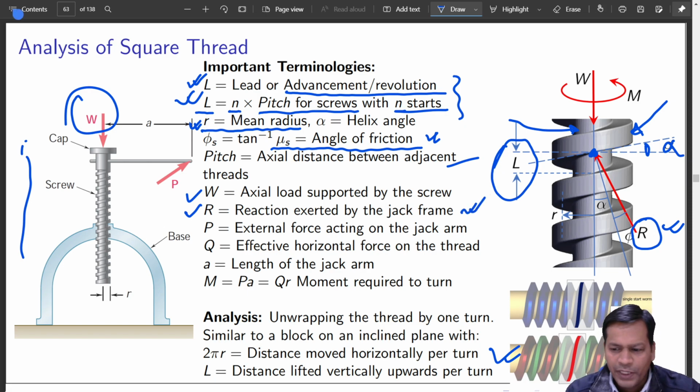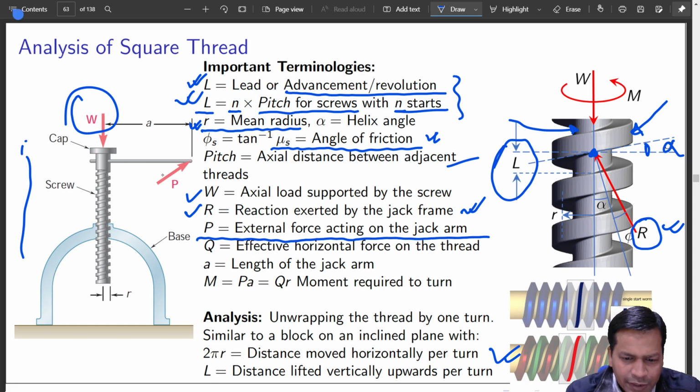So what is P? P is the effort, the external force acting on the jack arm. This is where it is acting. Got it? You can see this. So this is creating a moment that tends to turn this thread.